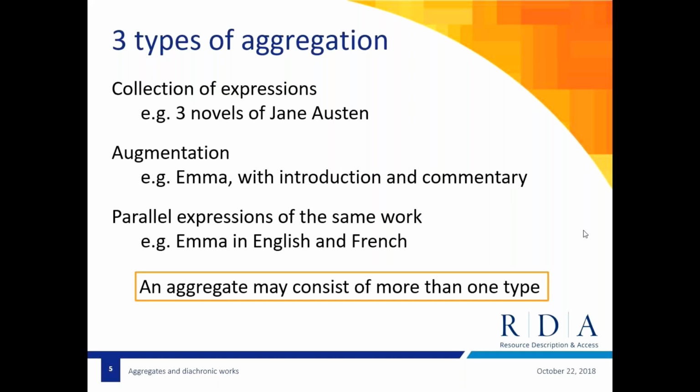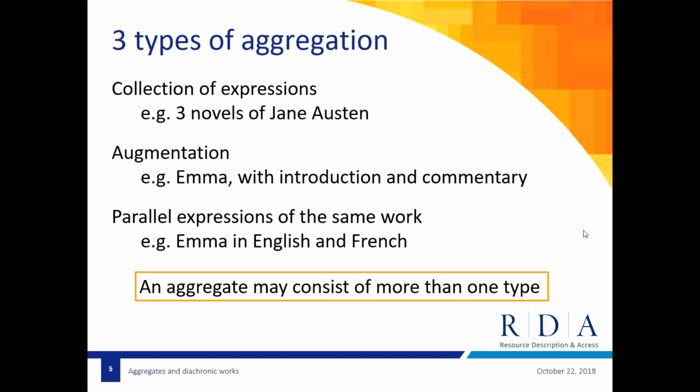So an example of that would be Austen's novel Emma, with an introduction and commentary. So the introduction and the commentary constitute expressions of separate works. And so this aggregate has three expressions in it, but one of them is clearly the primary focus of the manifestation. That's the novel Emma.